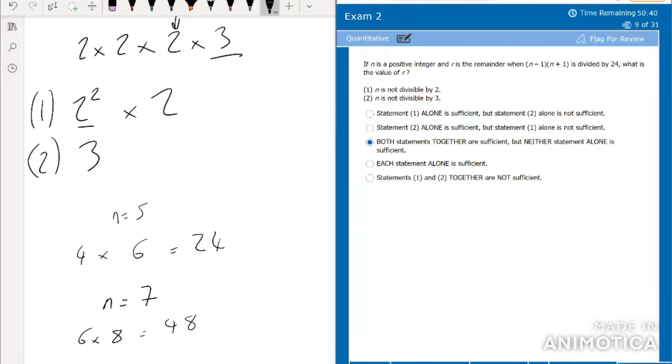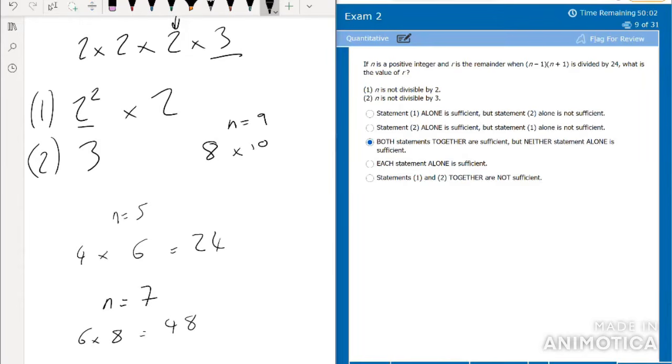And now let me just think about 2. Is 2 needed? Right, yes, 2 was needed because, for example, if we use n equals 9, we've got 8 times 10, and that's 80, which is not divisible by 24.